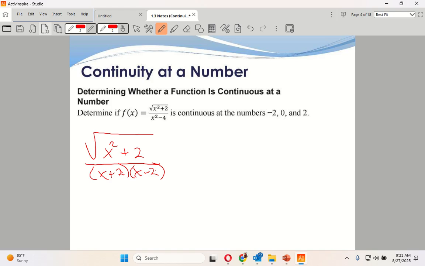Denominator right there. I'm factoring it. Can I plug in -2? So f of -2, right here, I would get 0 for this first part. So if I get 0 for that first part, that's 0 in the denominator, so therefore that part is going to be undefined.